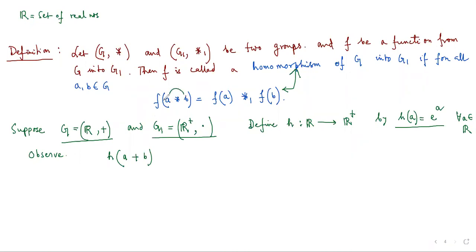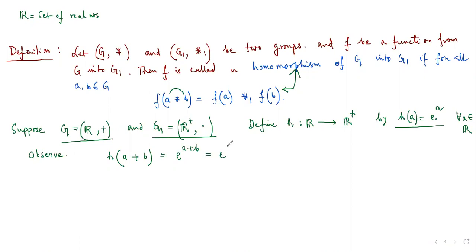But when I operate f on the product, the outcome will be composed with respect to the operation star 1, not star. So h(a plus b), by definition of h, can be written as e to the power (a plus b).